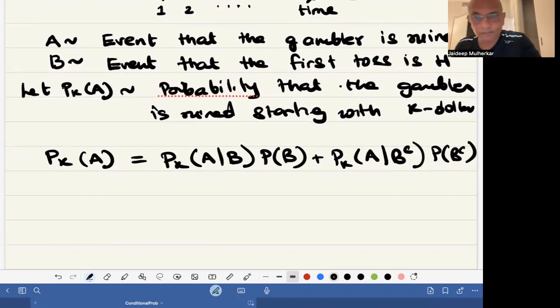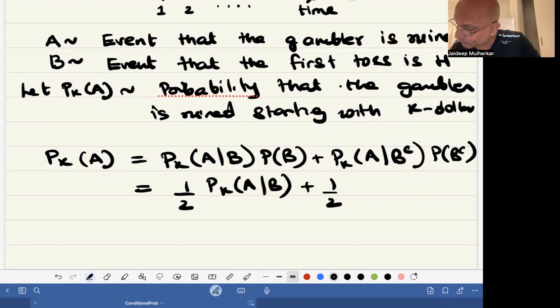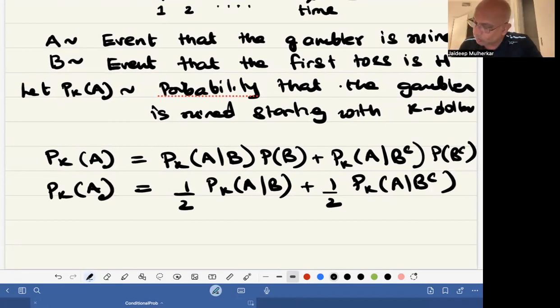Of course, let's say the coin is fair, then both probability of B and probability of B complement are half. So this is half times, plus half times. Now, how does that help?